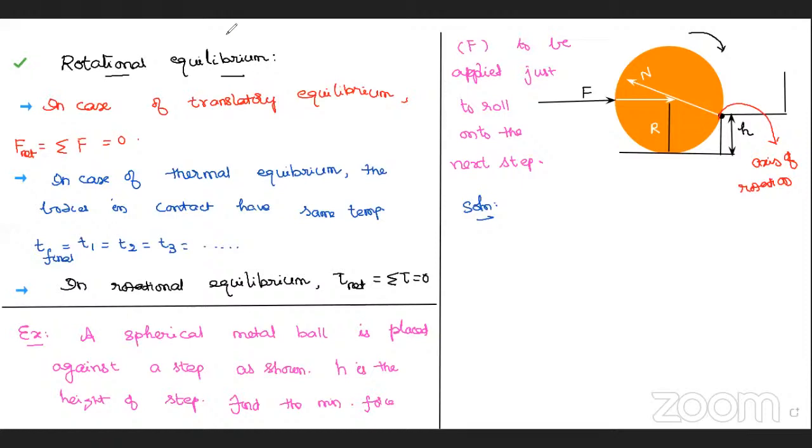Immediately I write here the torque due to normal reaction, tau due to normal reaction, equals 0. First, did all of you understand this step? The reason I am also writing here: since it is passing through the axis. Right.